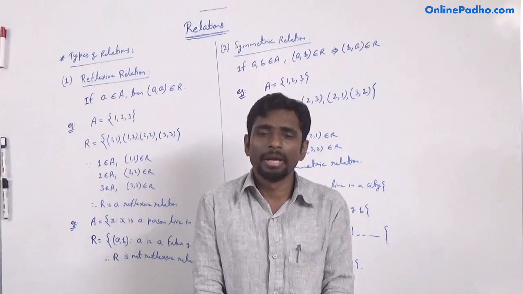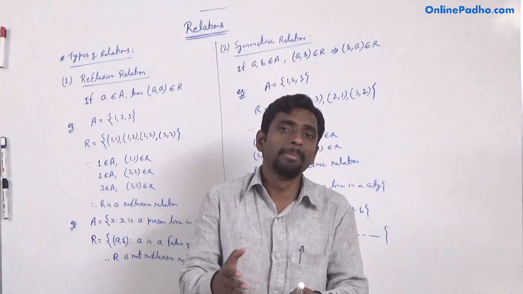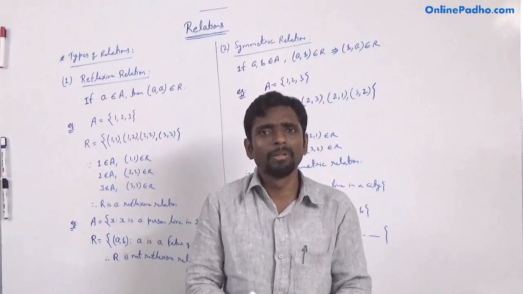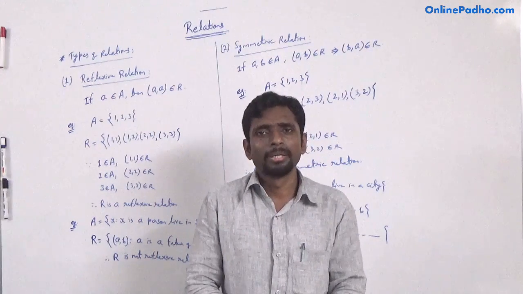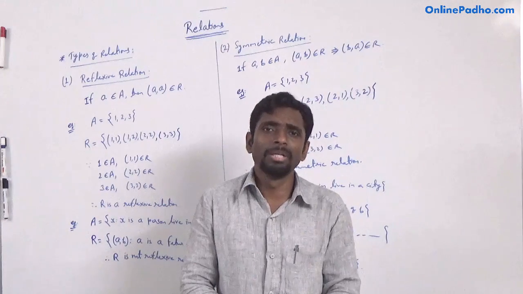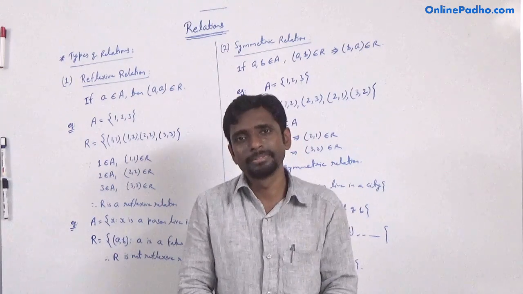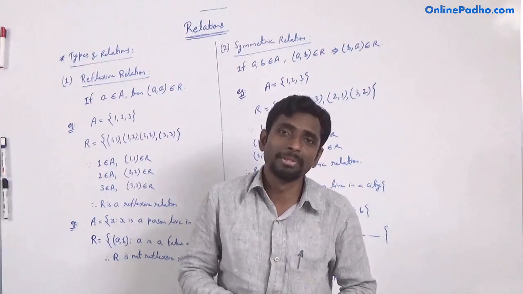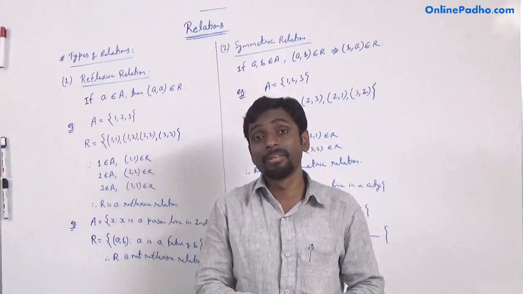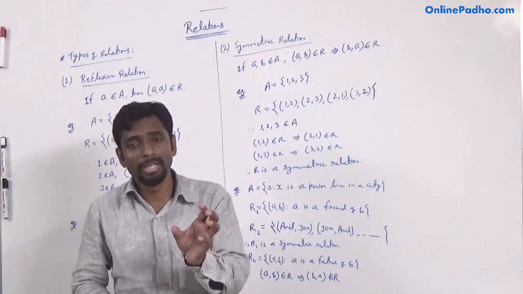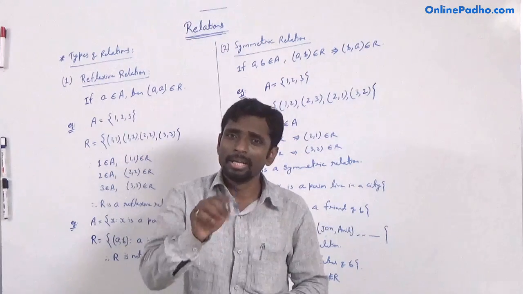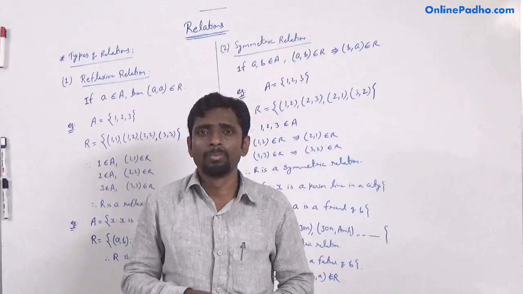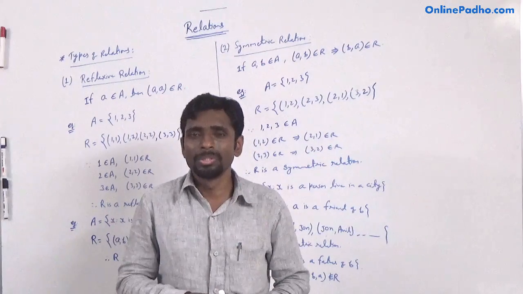As well as if we consider A, B both belonging to the integers, that will also be a symmetric relation, because the commutative law is applicable in addition. But if you consider A minus B equal to some number, then that is not a symmetric relation. If you consider a relation R equal to (A, B), the ordered pair such that A minus B equals 0, is that symmetric?